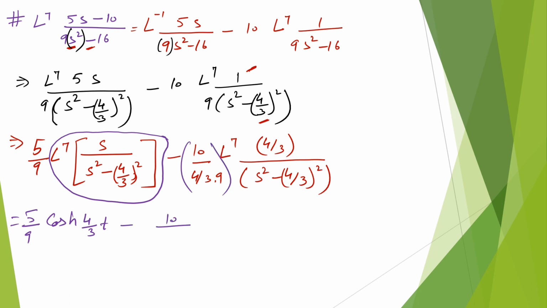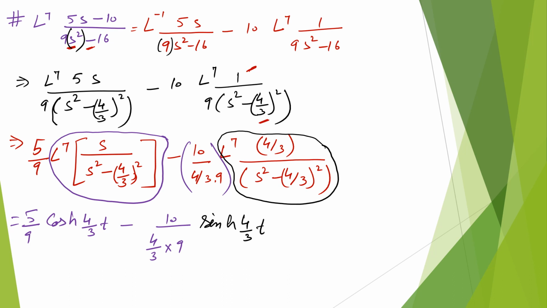You just calculate it yourself, 4 by 3 into 9, and the remaining term will be converted into sine hyperbolic 4 by 3 t. So for the given problem, the Laplace inverse of the function is this value.